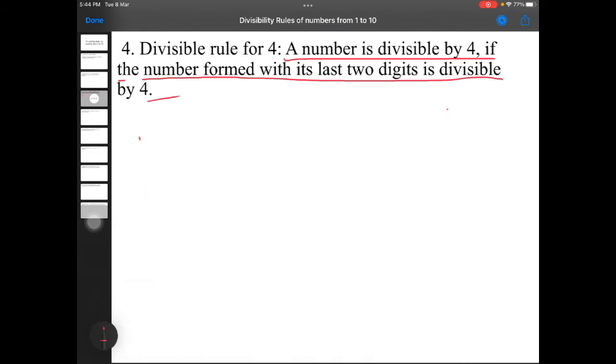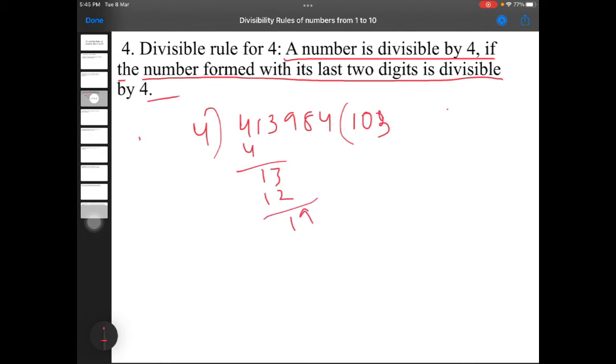Let's see the calculation. 413984 divided by 4. So 4 here will go 1, 4, then 1 will come down, then we'll add 0, then 3, then we'll go with 3, 12, then 1, 9, then here we'll go with 4.